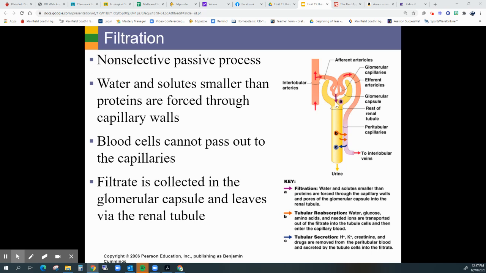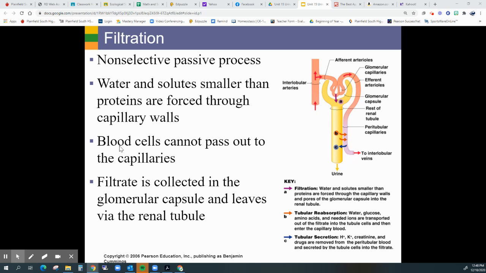So as things make their way across into the capsule here, that's where we're talking about this process of filtration. So things come through here, pass out into the ureter, and then the blood makes its way along, and then through the rest of the nephron.